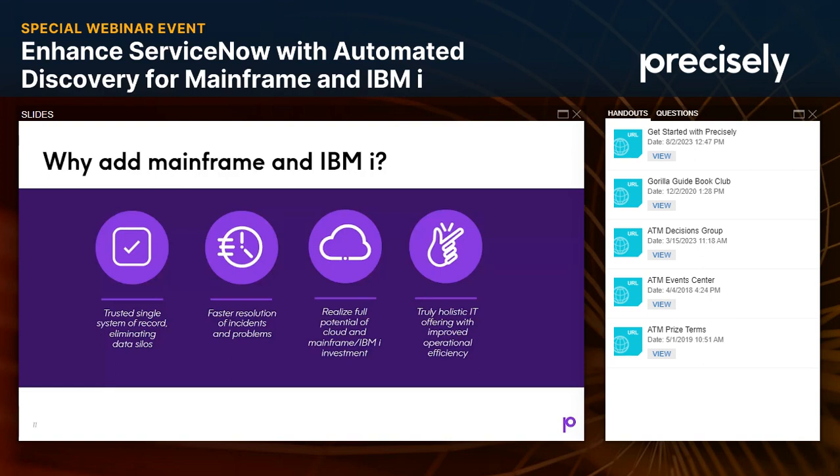A lot of those systems are hybrid systems now where they're relying on on-prem and in the cloud environment, and having that all together in one place is really critical.